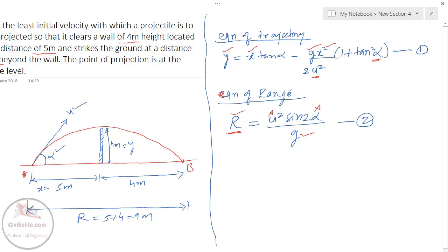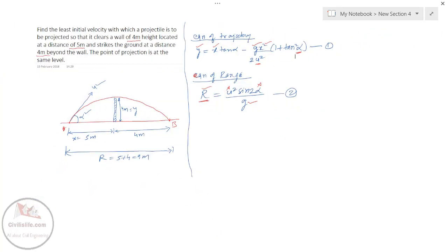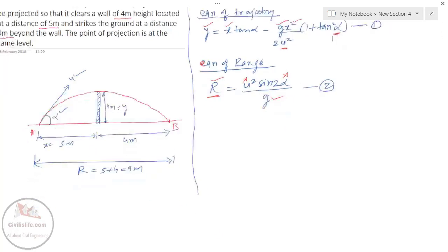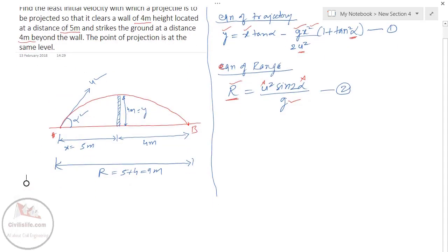So two unknowns are there and I have two equations. That means by solving these two equations I can solve this numerical. So let us substitute the data into these equations.